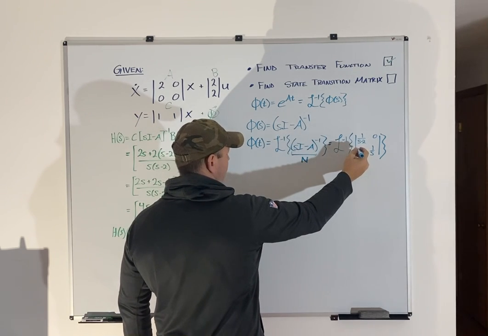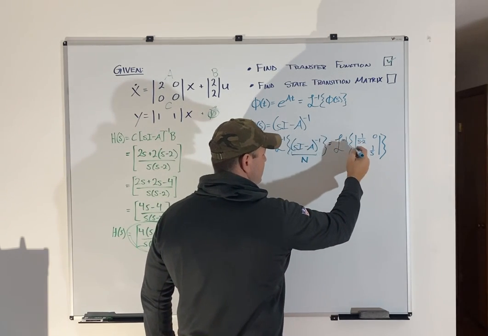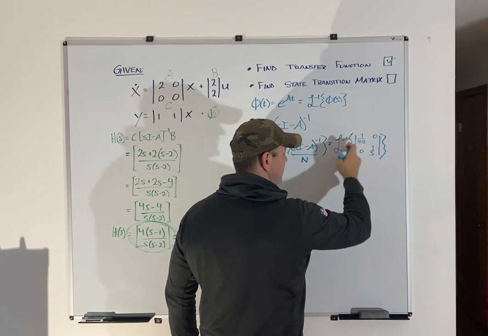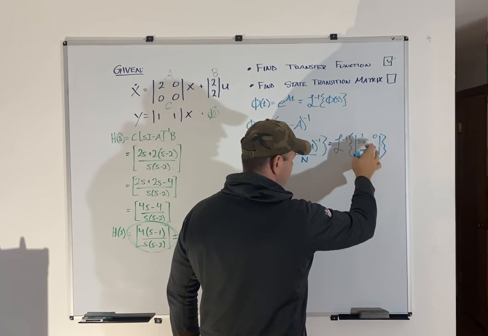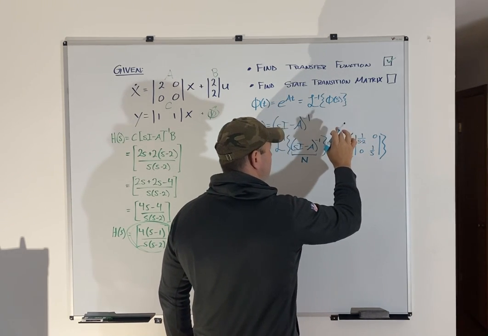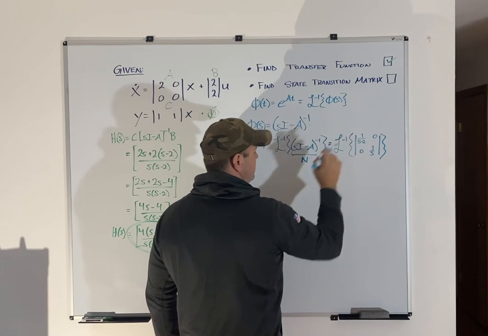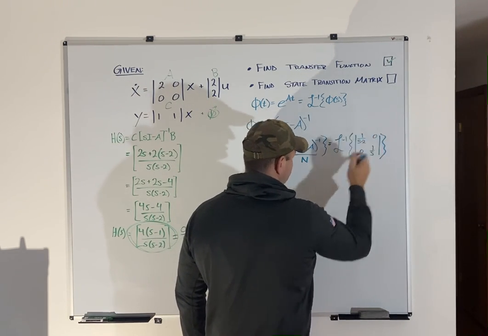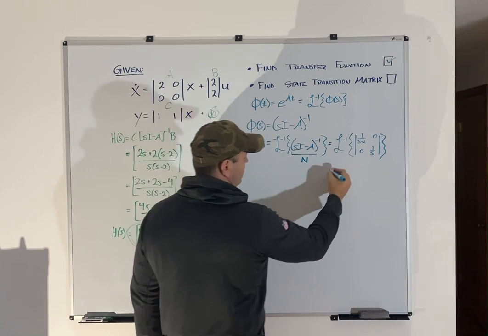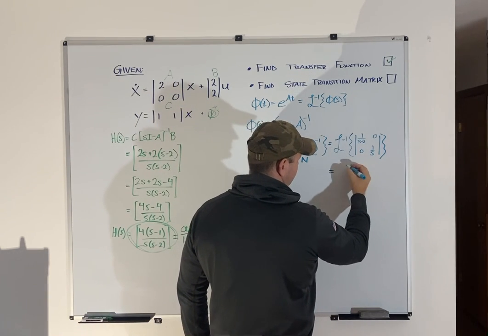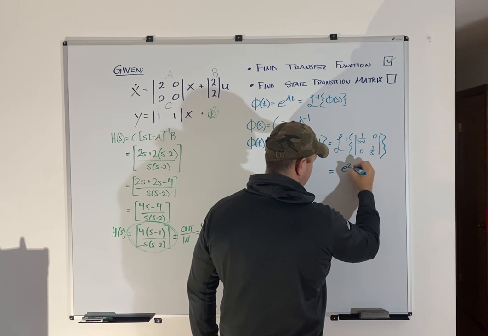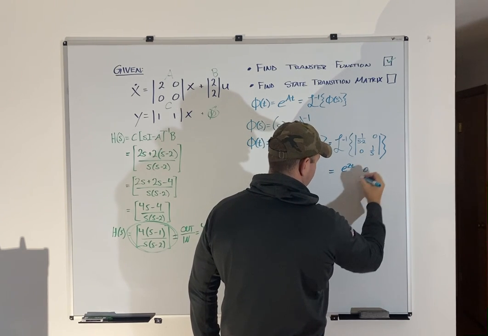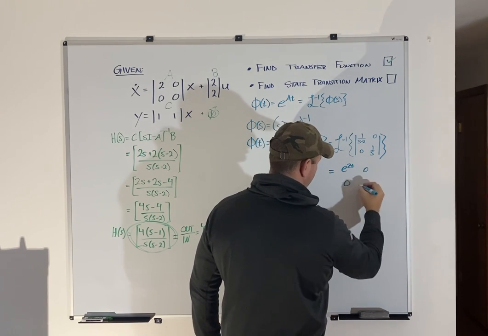Here's where we're at. The inverse Laplace transform of this 2 by 2 matrix is really just an inverse Laplace transform of each of the elements in it. So 1 over s minus 2 is going to leave us e to the 2t, 0 gives us 0, 0 gives us 0, 1 over s gives us 1.